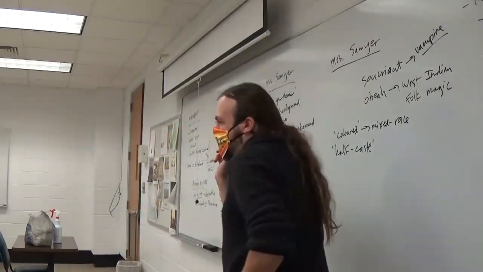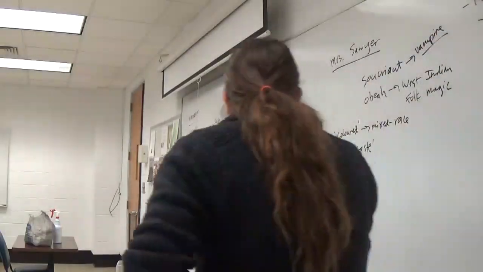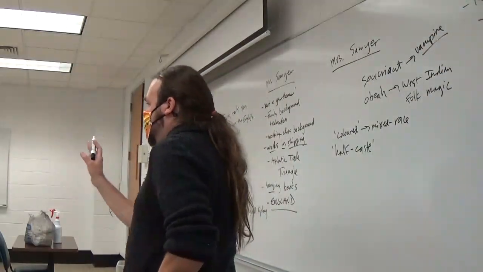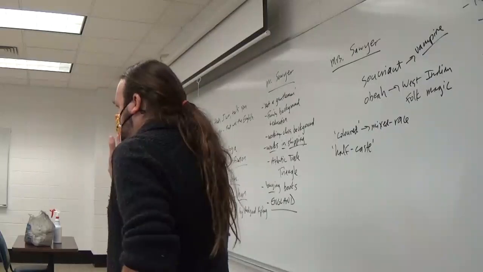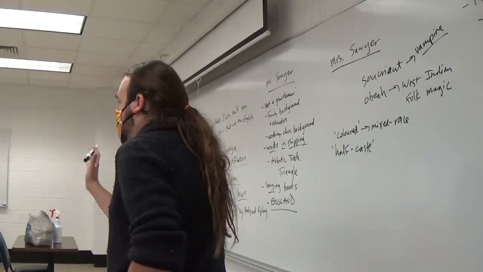So we'll start by talking here a little bit about Kim. So we've read Kipling before, right? We read The Man Who Would Be King. And we know that Kipling himself was a kind of colonialist and British supremacist, right?